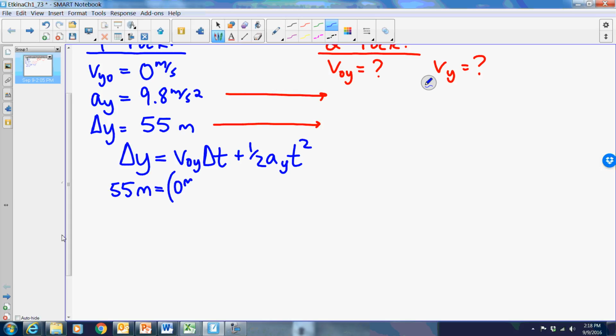This term will drop out because the initial velocity was 0. And then I have acceleration due to gravity times time squared. I keep sometimes writing the delta t and sometimes writing regular t, sorry. Okay, so if we solve that equation algebraically, we divide both sides by 1/2 times 9.8. Remember to take the square root at the end so that you solve for t.